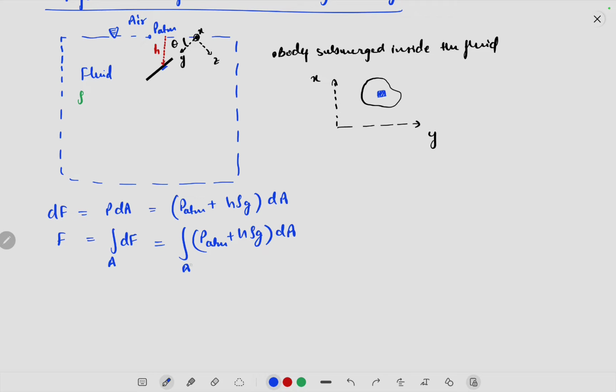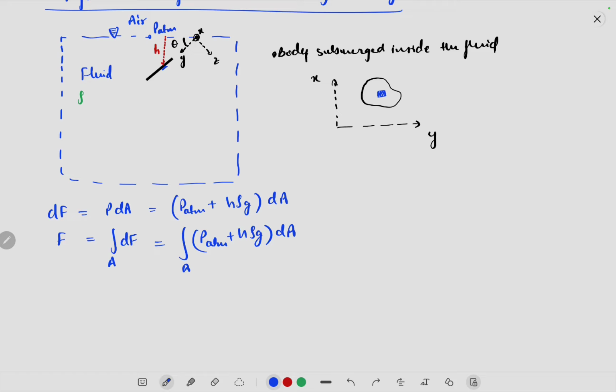Once I do this integration, I'll get it in terms of the centroid coordinates, and by just knowing the value of the centroid we can know the value of the force acting on that body, right? So now we will try to write h in terms of the centroid values.